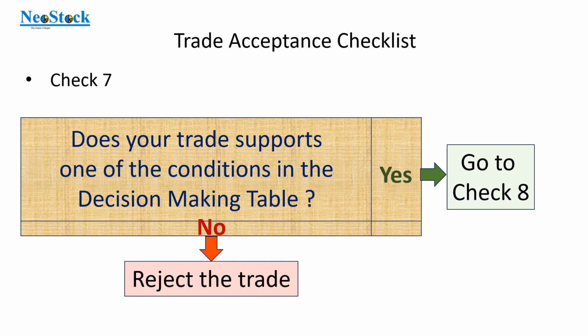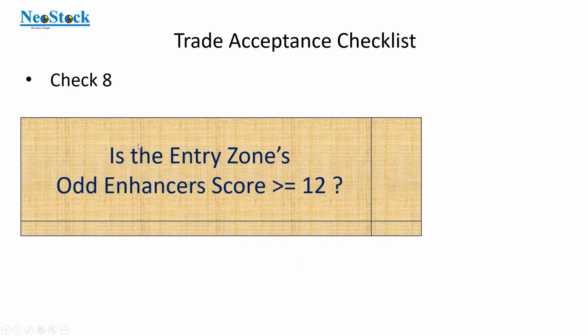The last checklist item. So what is the last checklist item? Very simple. It says, is the entry zone's odd enhancer score greater than or equal to 12? If your OE, odd enhancer, short name OE, if your OE score is either 12 or more than 12, you can accept the trade.